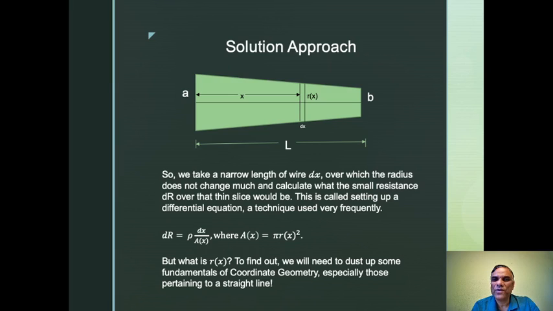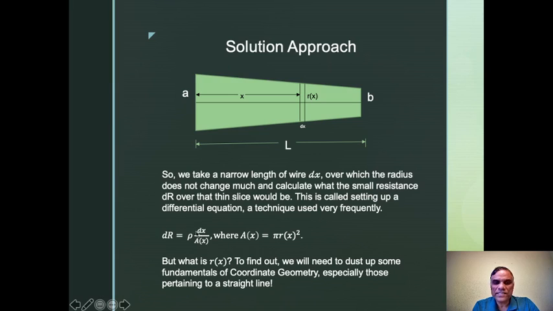So then we say, okay, if the radius is constant, then the cross-sectional area is constant, so along that little length of wire, we should be able to use the formula for resistance that we had earlier. So we can just say that across that little length dx, the little resistance dR is rho dx over A(x), right?